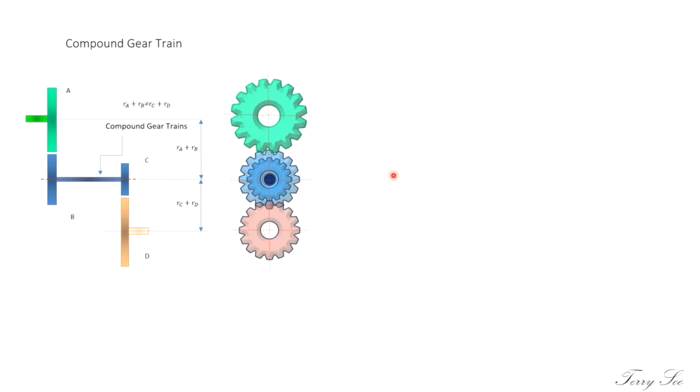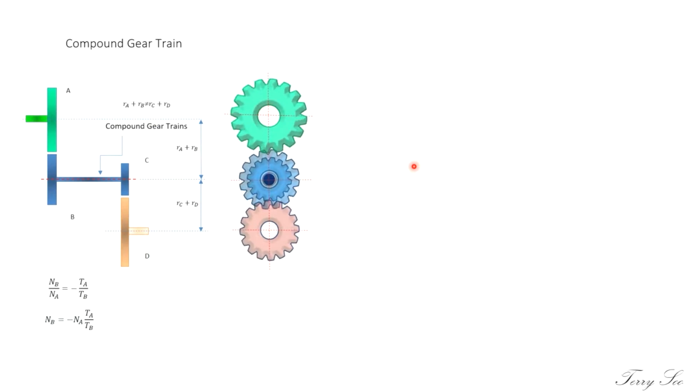But remember, these two gears are mounted on the same shaft, so their speed is the same. But when you look at this, RA plus RB will not be equal to RC plus RD. This is the compound gear train, side view.